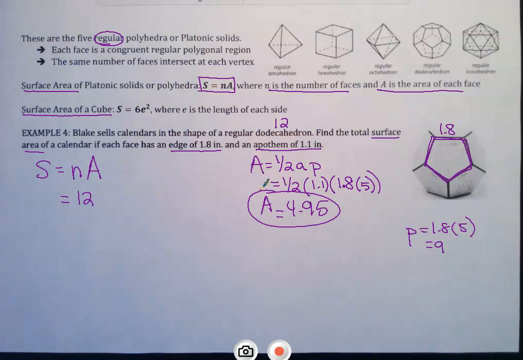Okay, so now that we have the area, we're ready to put it into the other formula for surface area. So our surface area equals 12 times 4.95. Can anybody confirm 59.4? Yep.